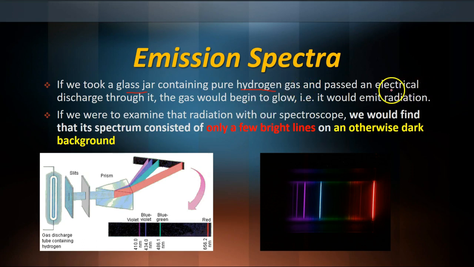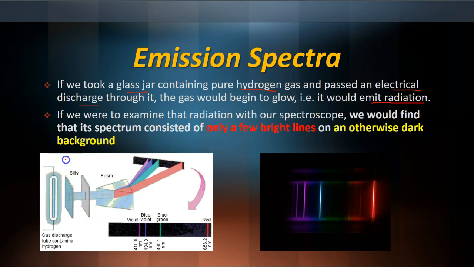This electrical discharge will excite the gas. After the gas is excited, it will begin to glow. The glow means that in the excited state, the atom cannot remain in that state for a long time. It will descend to the ground state, and in that process it will emit light, it will emit radiation.